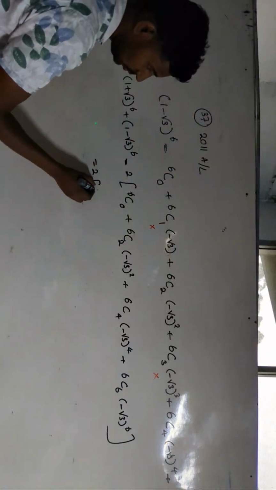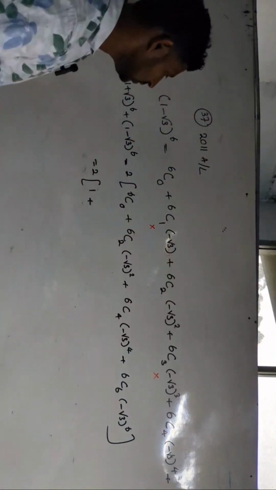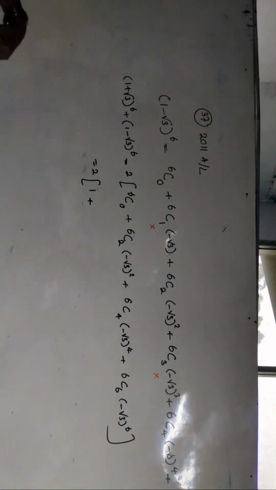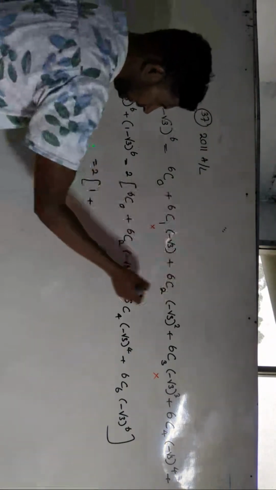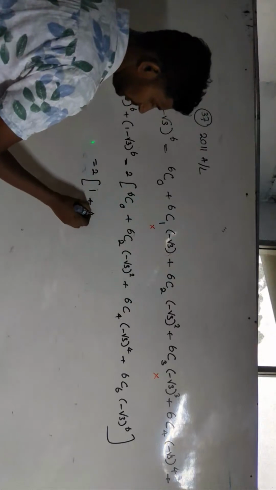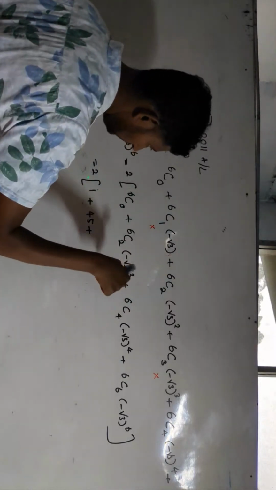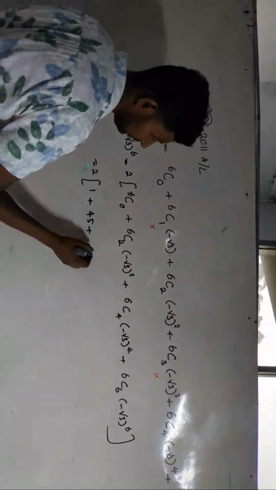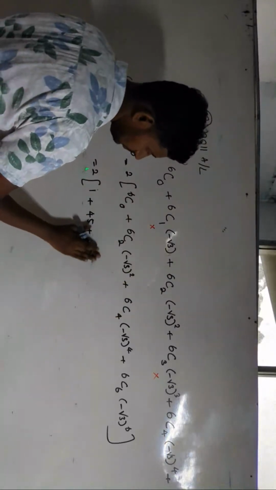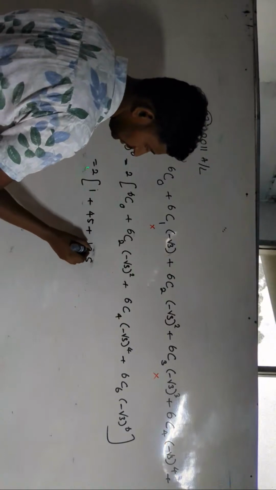So 2 into 1. 6c2 means 6 into 5, 30, 30 by 2 means 15. 15 into 3, that means 45. 6c4 means 6c2, 15, 15 into 9, 135.